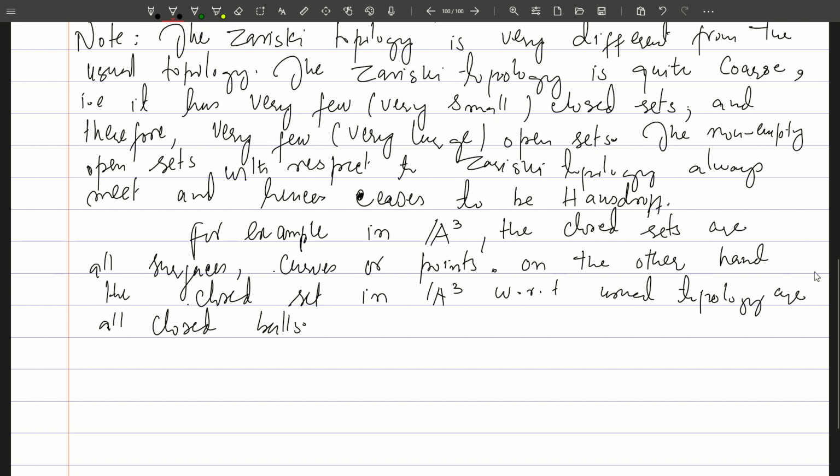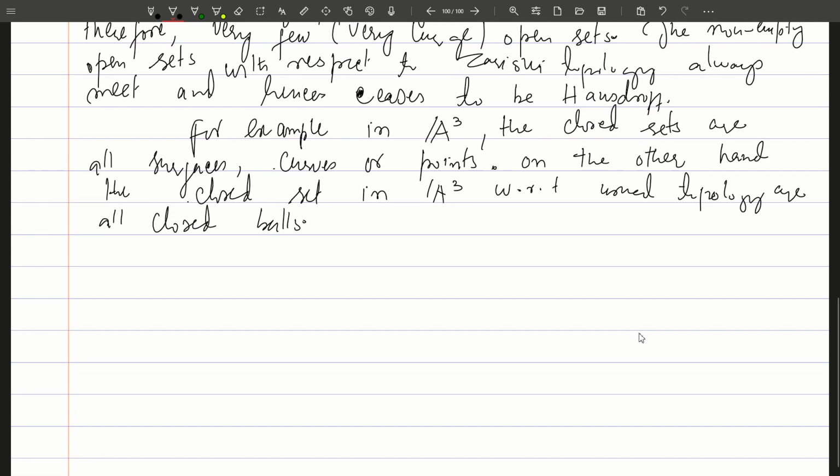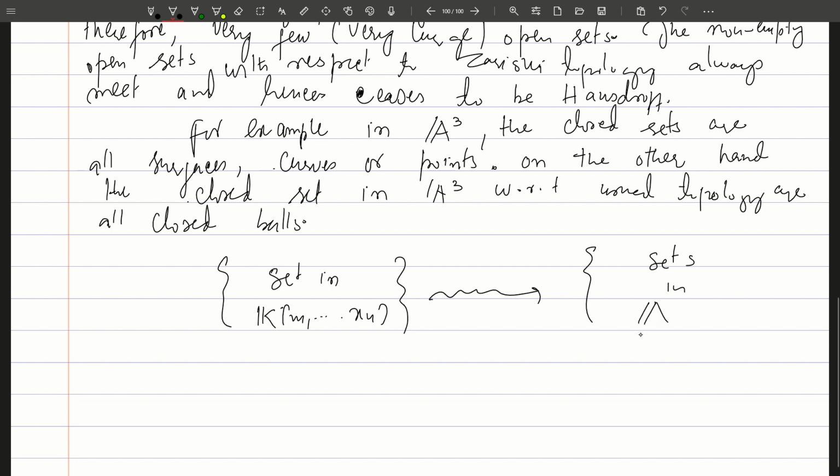Now, what we want to do: we just saw above that if we look at the sets in the polynomial ring in n variables, we can associate a set in A^n.